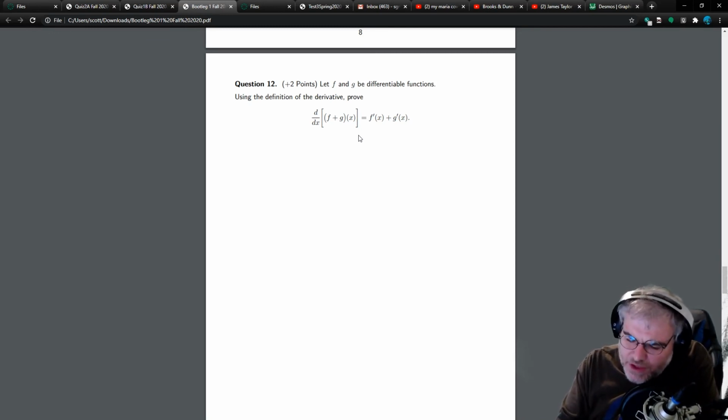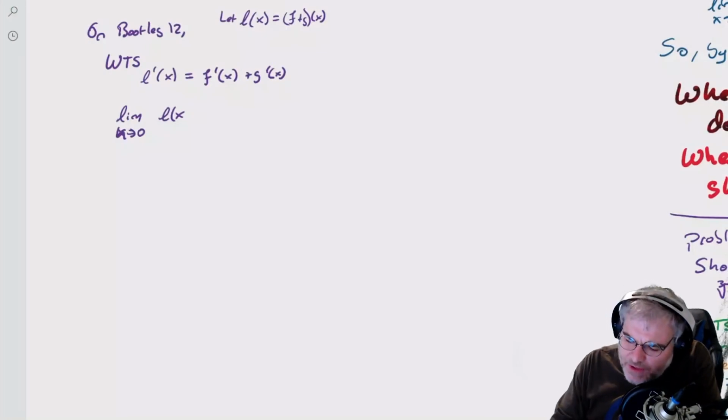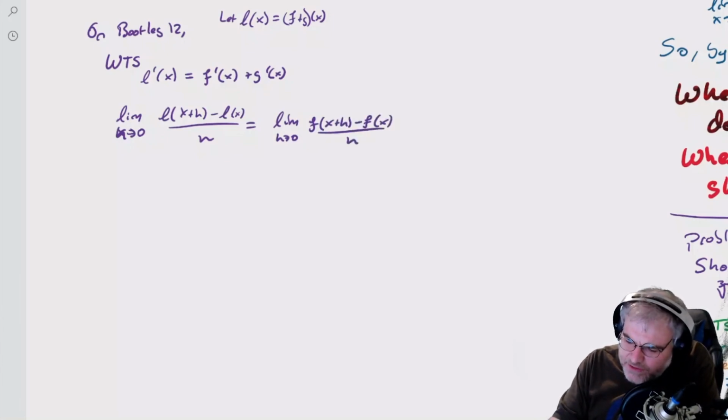So you want to show that the limit as h goes to 0 of L of x plus h minus L of x over h equals the limit as h goes to 0 of f of x plus h minus f of x over h, plus the limit as h goes to 0 of g of x plus h minus g of x, all over h.